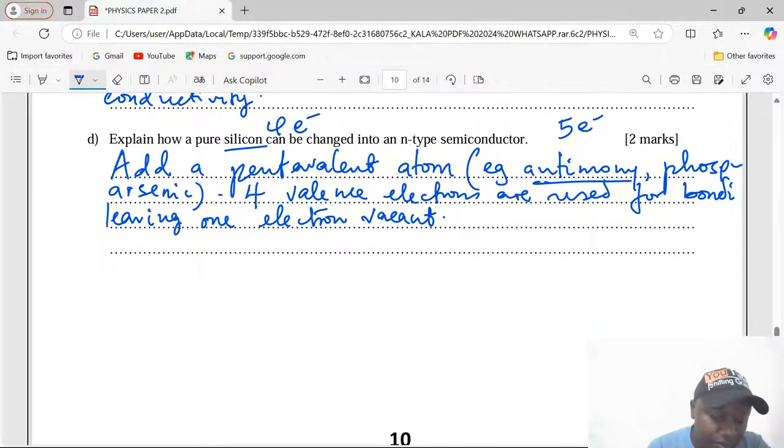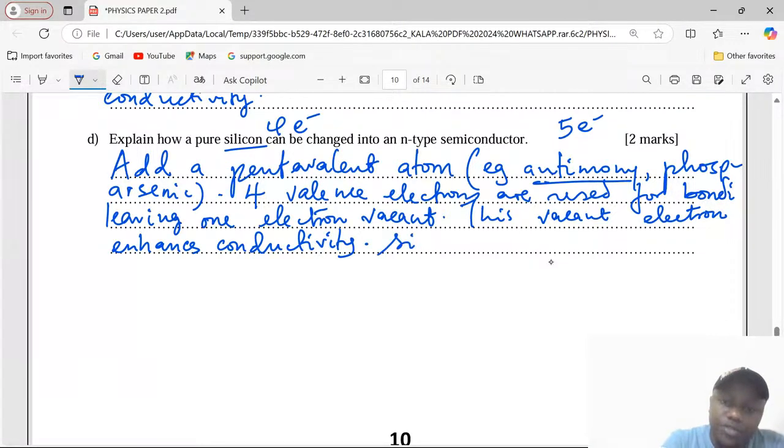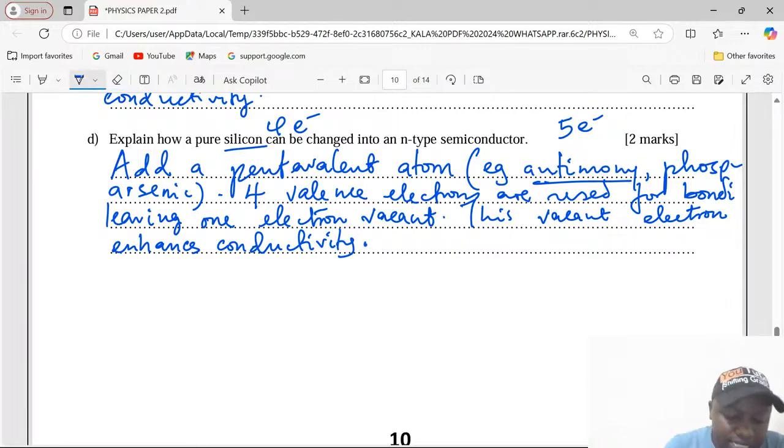This vacant electron participates and enhances conductivity, and we are also talking of the name now, n-type.